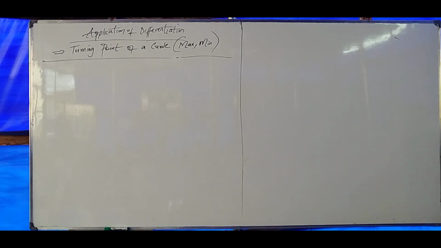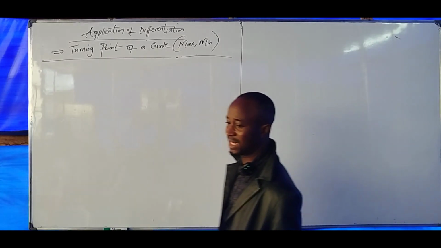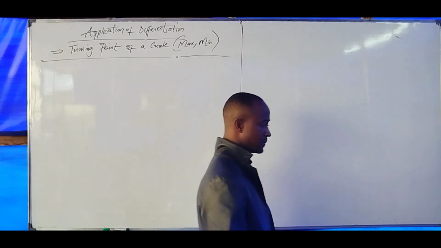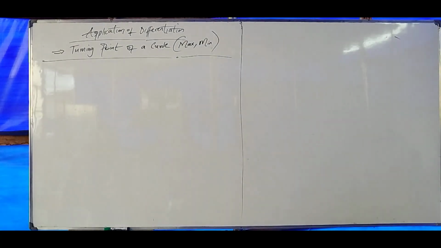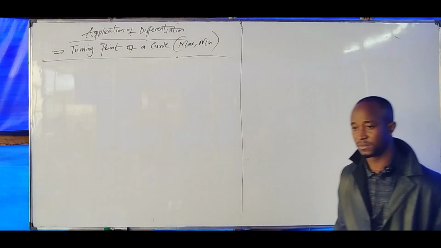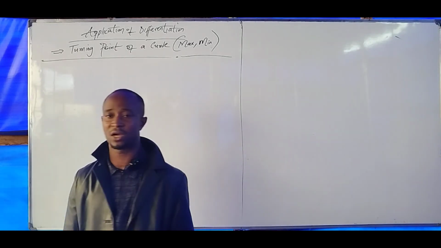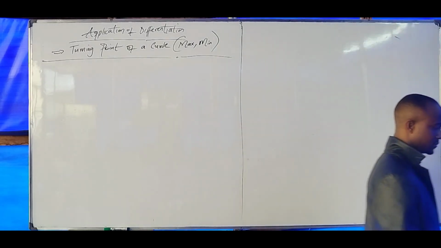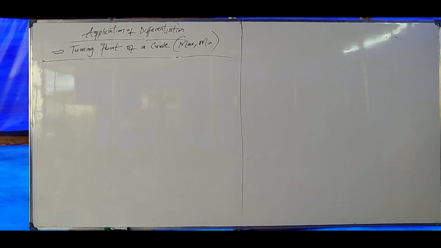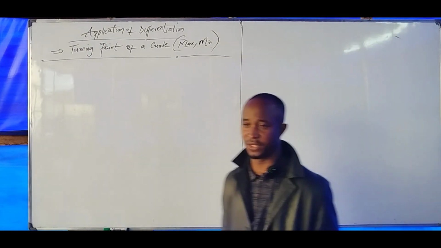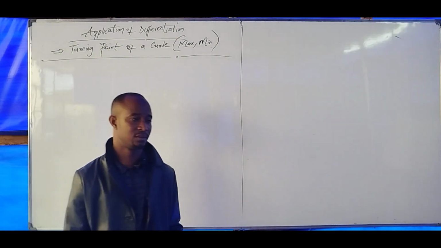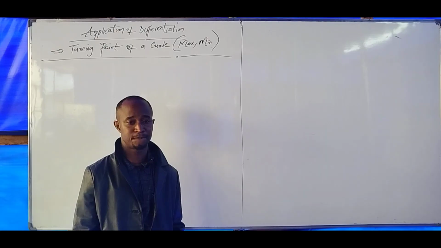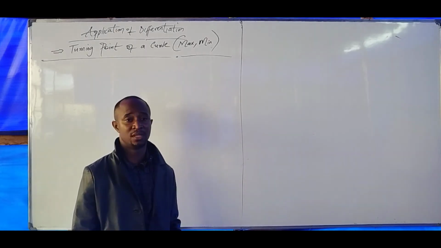The turning point of a curve is a point in a curve where the slope of that curve changes from increasing to decreasing, and vice versa.